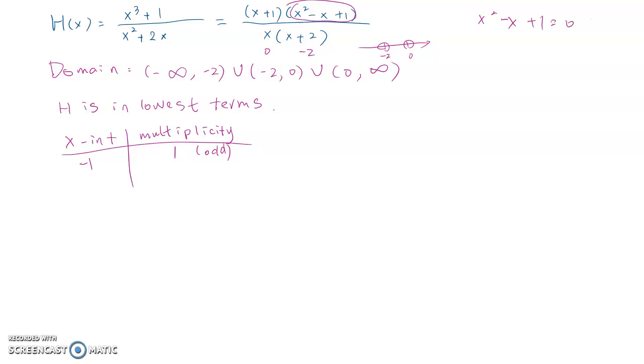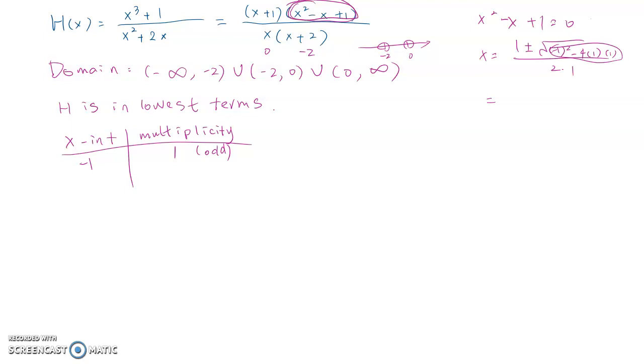You can try to solve it using the quadratic formula, which is 1 plus or minus square root of negative 1 squared minus 4AC, divided by 2 times A. You can tell this part is negative since you have a negative number underneath the square root. That equation has no real solutions, so you don't generate any x-intercept from this part.